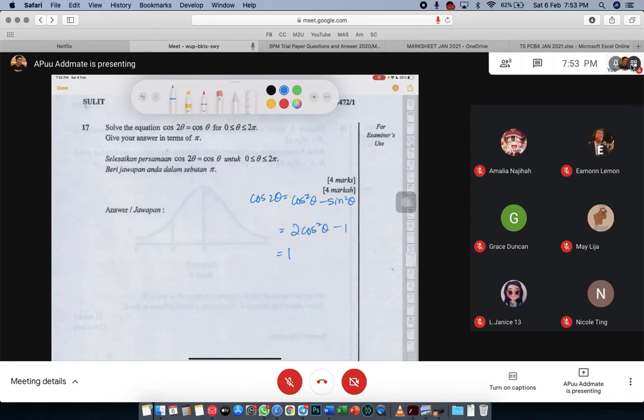Another one is 1 minus 2 sin square theta. Which one do you want to change to? I give you 2 minutes. Which one? Number 2, very good. So you have to change this to number 2. So now you can say that 2 cos square theta minus 1 equals to cos theta. I think you should be able to get the answer already. Try. Okay, 2 minutes.